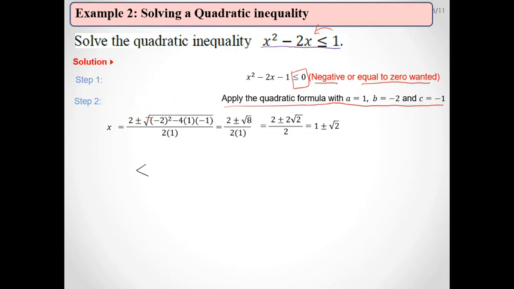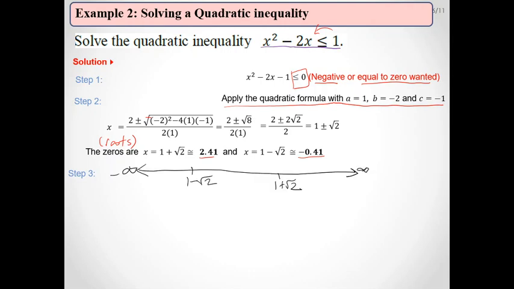Let's put them on the real line. Okay, the zeros or roots, we mean the roots here, are 1 plus square root 2, it's about 2.41, and the other is about negative 0.41. This is important to find the location of this point in the real line.